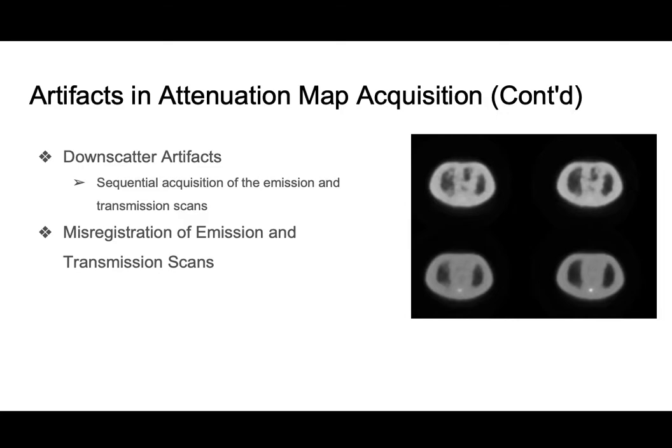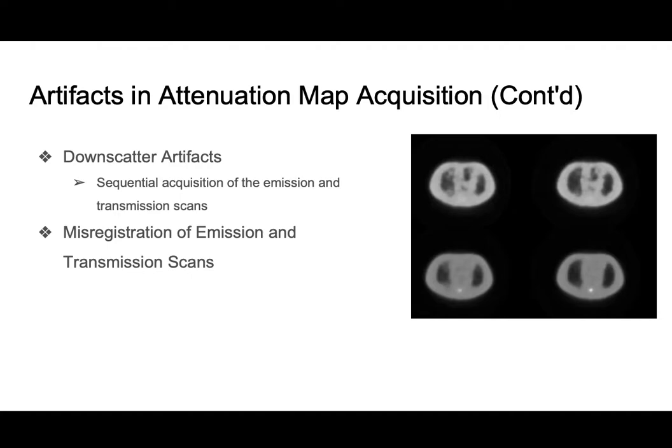As mentioned by Kyle, the SPECT and CT system does the image acquisition at the same time. So there might be a downscatter artifact where the CT detector or the SPECT detector cannot identify the source of the signals. The top row is the one with the downscatter artifact, where you can see the mixture of signal from both sources.